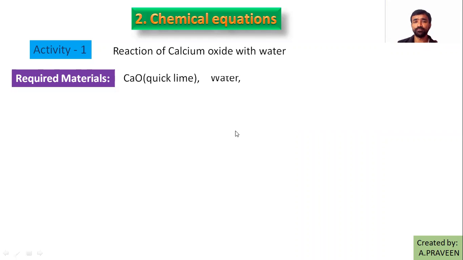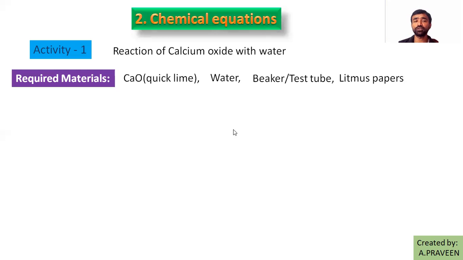Water is required, a beaker or test tube is required, right? To test different characteristic properties of substances, we require a few more materials, but we won't go for all the characteristics. I need to observe only its acidic basic nature. So for that, I require litmus papers, right?